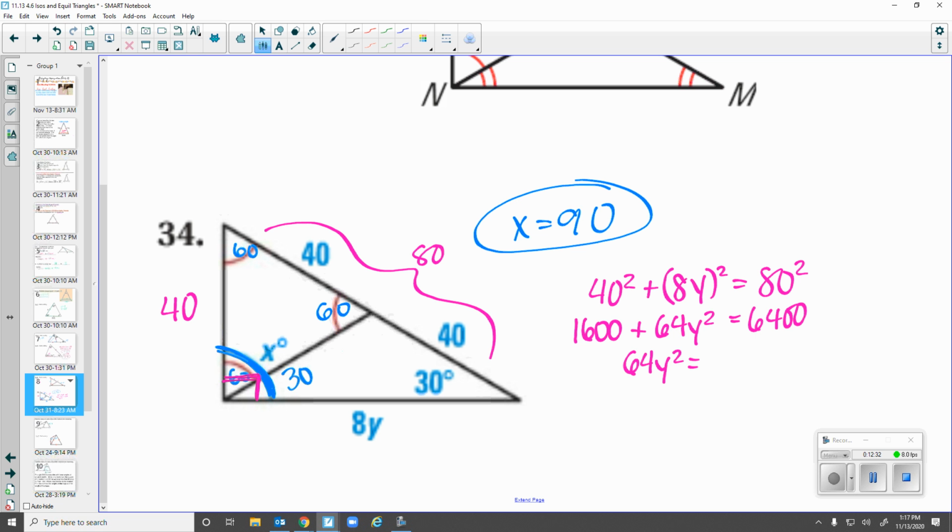Which is 4800. And y squared is 75. So y is the square root of 75, simplify that radical.